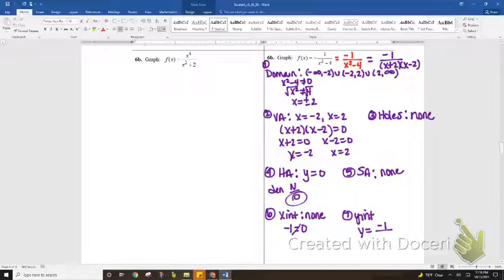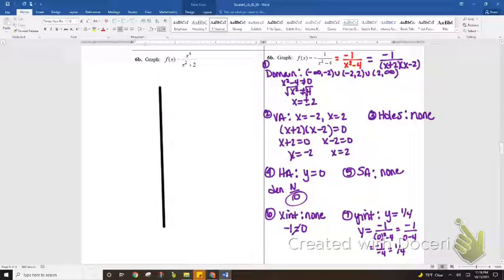I'm going to use the x squared minus 4. It's just a little easier, I think. So we get negative 1 over 0 minus 4. So negative 1 over negative 4, so 1/4. Alright, and then we're ready to graph. So I'm going to borrow this other room over here next to it so I can graph there.